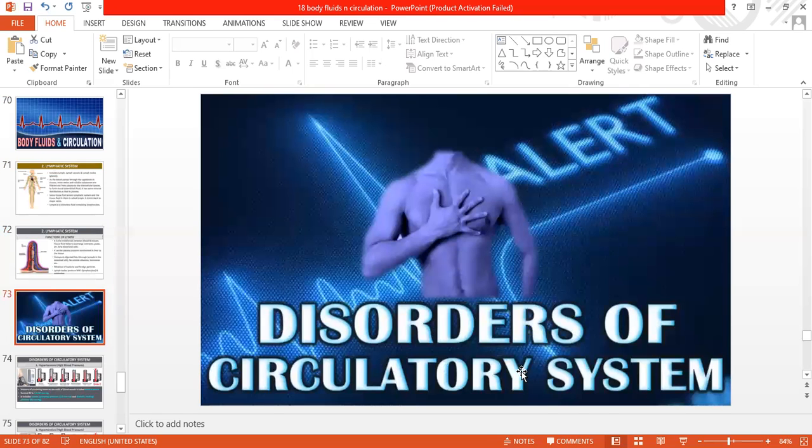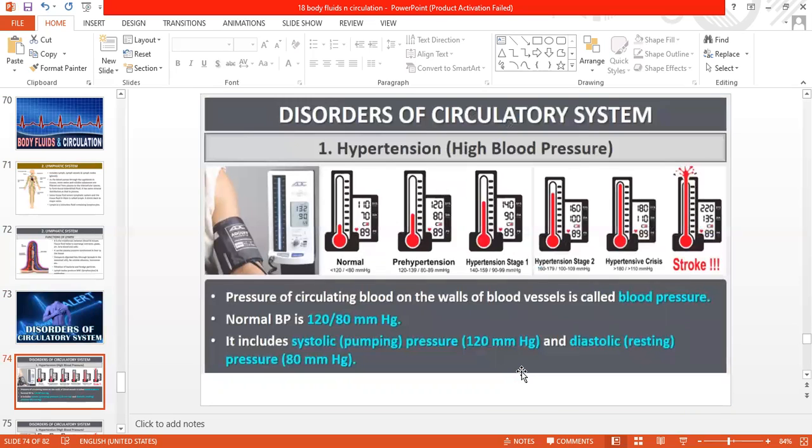Now let us discuss the disorders of the circulatory system. The very first common disorder is hypertension or high blood pressure. I think in everybody's house, one or the other person is nowadays suffering from high BP. Now, the pressure of circulating blood on the walls of the blood vessels is called blood pressure.